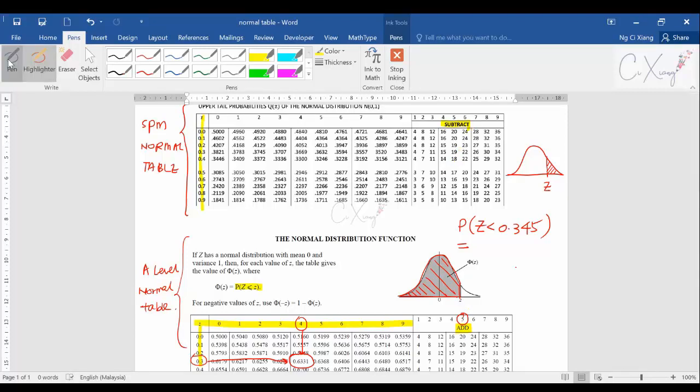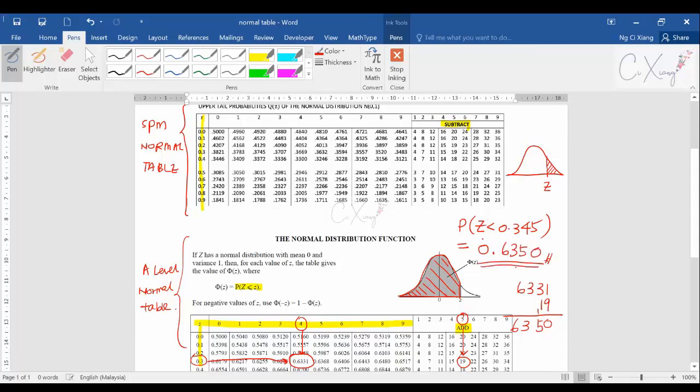Alright, okay, so now if I want to get a value for 0.345, okay, so the 5 is here, right? 19. So that means for the 6331, you add 19 to it. So you have 6350. So the answer for this will be 0.6350.